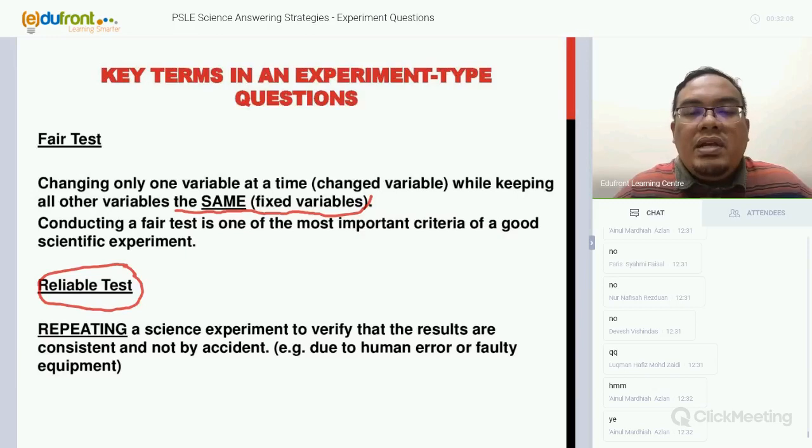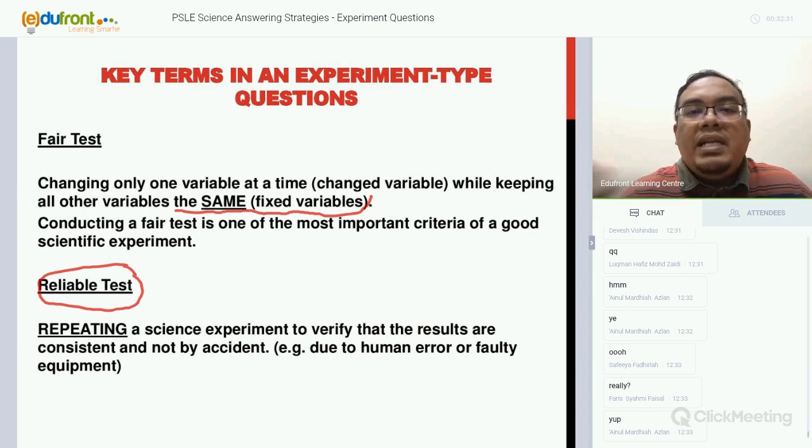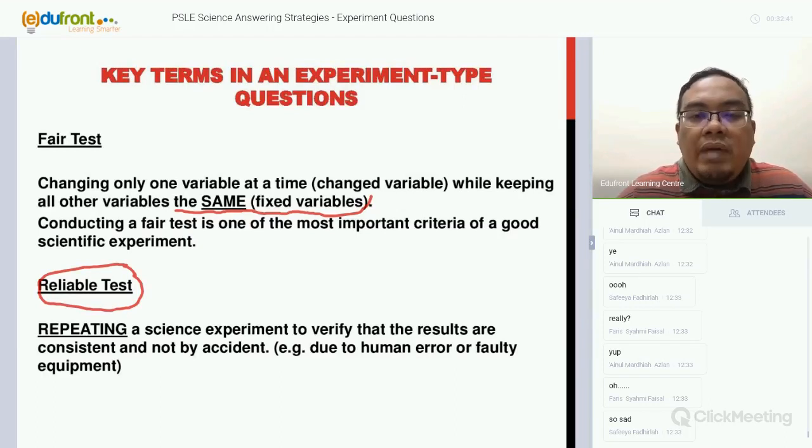You cannot just conduct three tests and then say, this is a very good medicine. No, right? Scientists conduct the test first in the lab, and then test it on animals, on mice, on monkeys, on bigger animals, and then before selling, test on a small human sample for several years, then finally release the product for the general masses. So that's why it's very important that you repeat the experiment to ensure that your results are reliable.